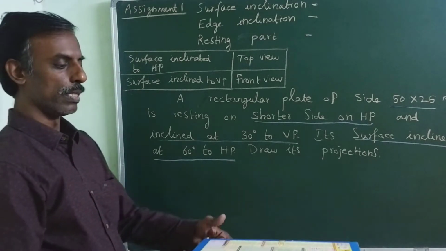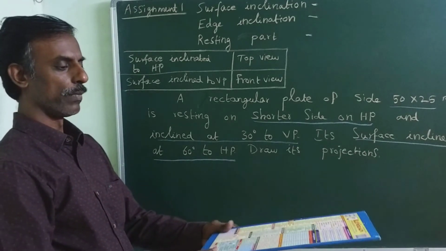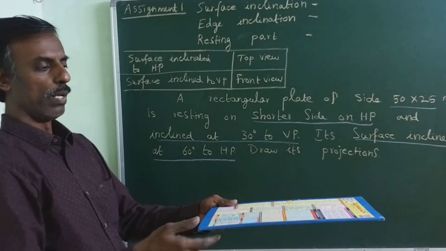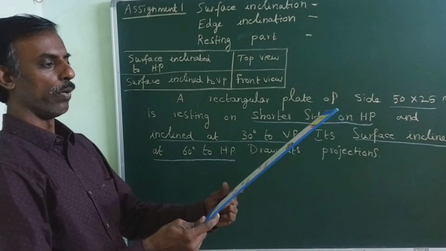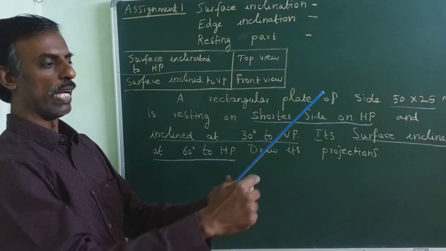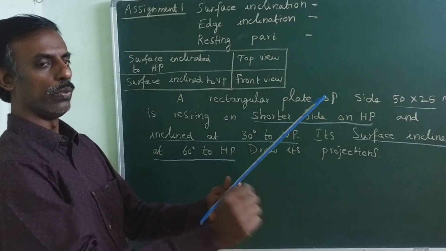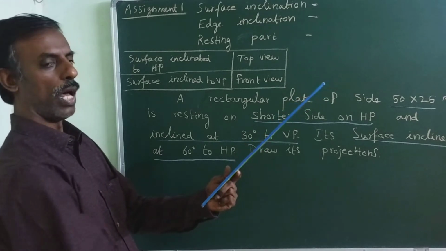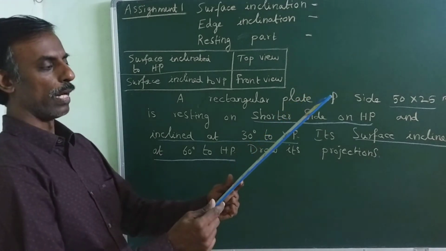For example, this rectangular plane is lying on HP perpendicular to VP. Now in the second diagram, I am going to rotate the front view so that plane will be inclined 30 degree to HP. So in top view, you are going to get one apparent rectangle.